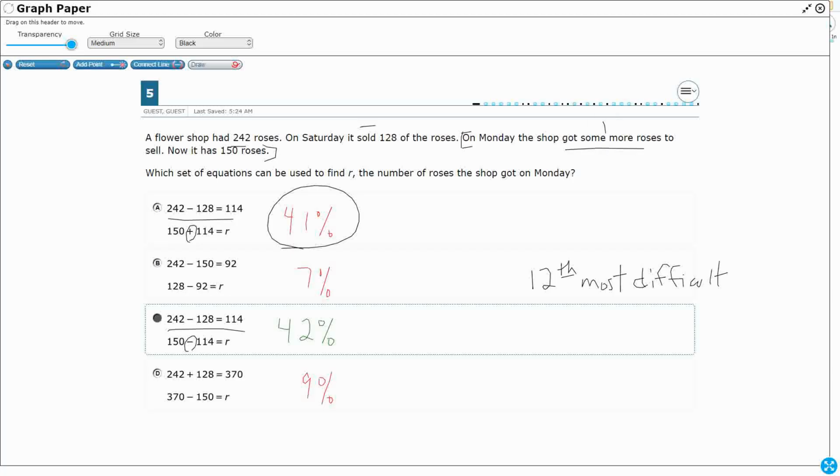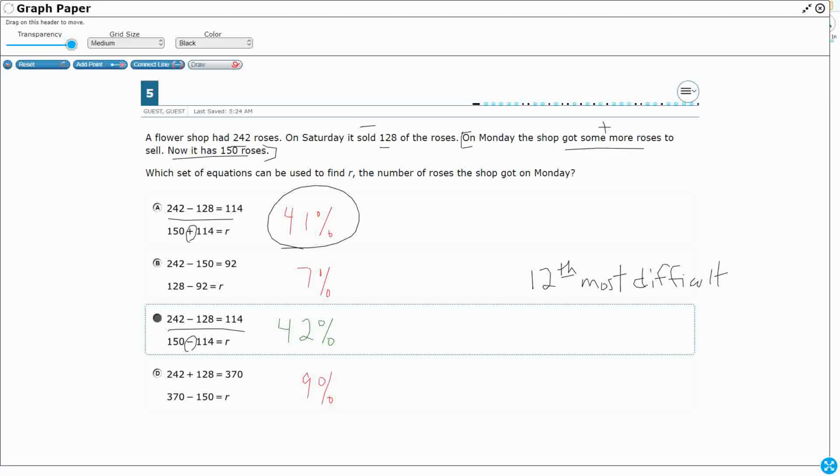Well, got some more means add, but this is a subtraction problem because we're not necessarily adding the 150 and the 114, which is the difference here, right? We have a missing part, not a missing whole. If we have a missing part, because this is our total, that missing part means we need to subtract. So I would highly suggest working with students to draw pictures, right?